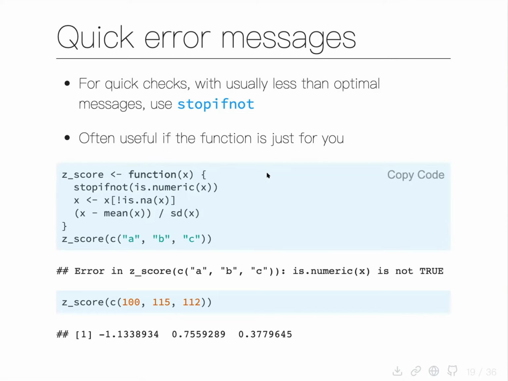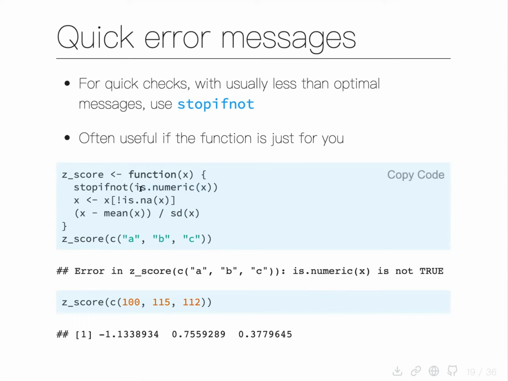Here's an example with a z-score function. I'm saying stopifnot is.numeric(x). Otherwise, it's going to continue on with this. So if I say z-score on A, B, C, it says error in z-score: is.numeric(x) is not TRUE.